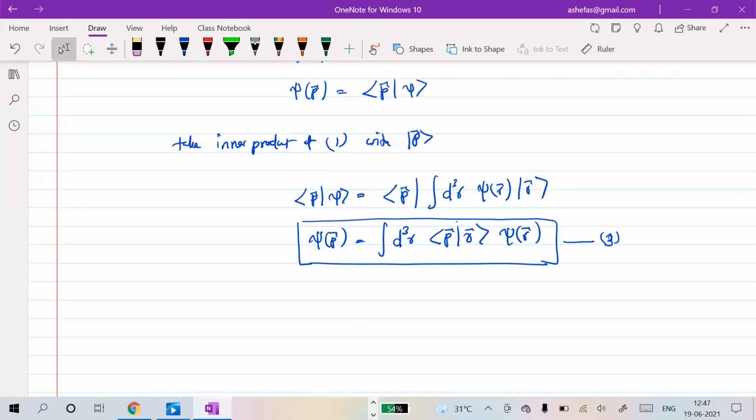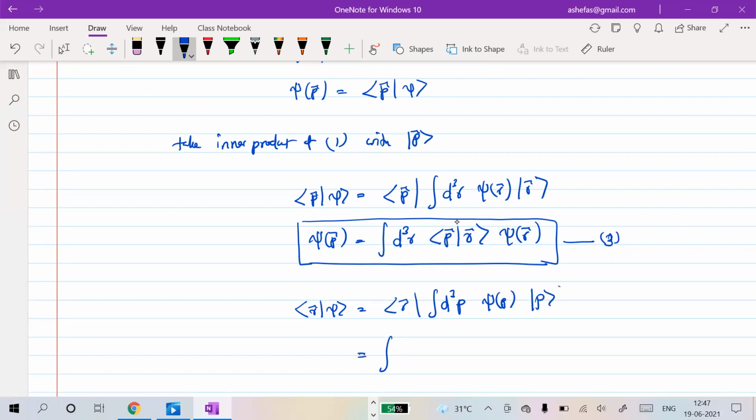Now, similarly, we can find the reverse connection. Here I have expressed the wave function in the momentum basis in terms of the wave function in position basis, but the opposite can also be done. We take the inner product between r and psi, and the vector psi we can expand in momentum basis as integral d cube p, psi of p, the vector p.